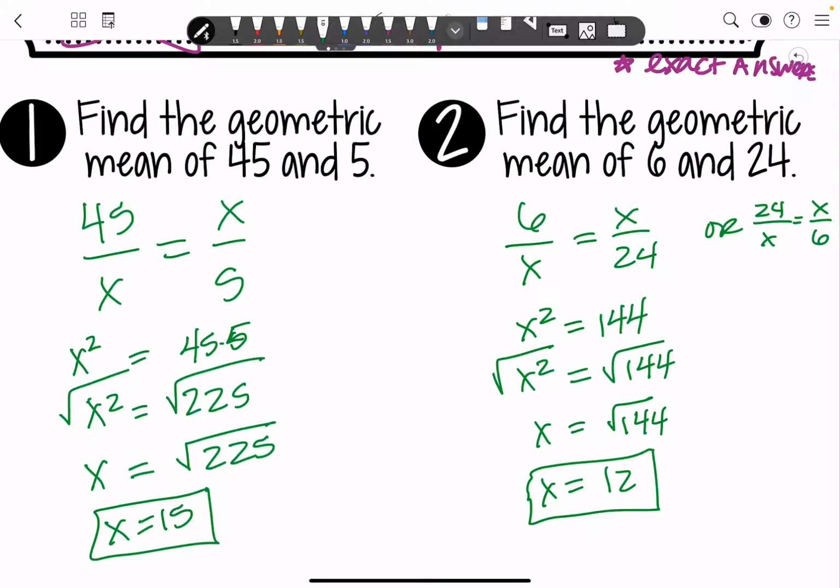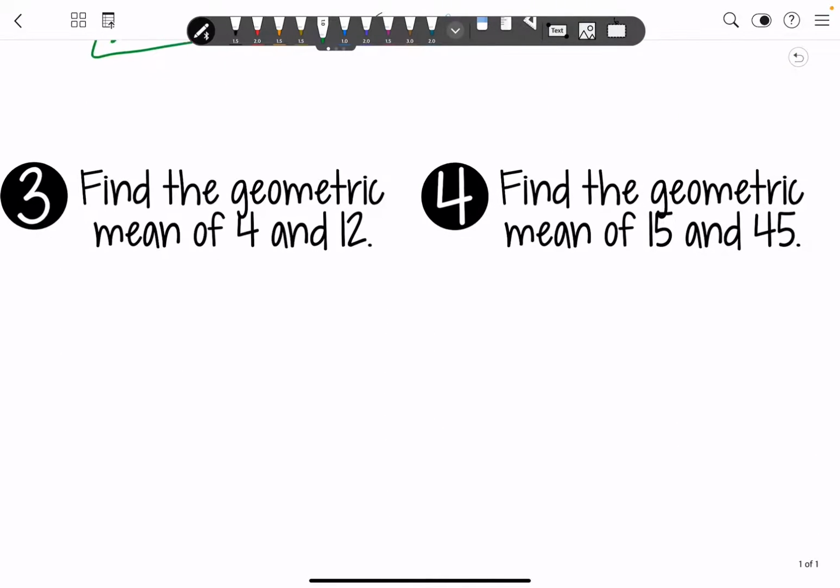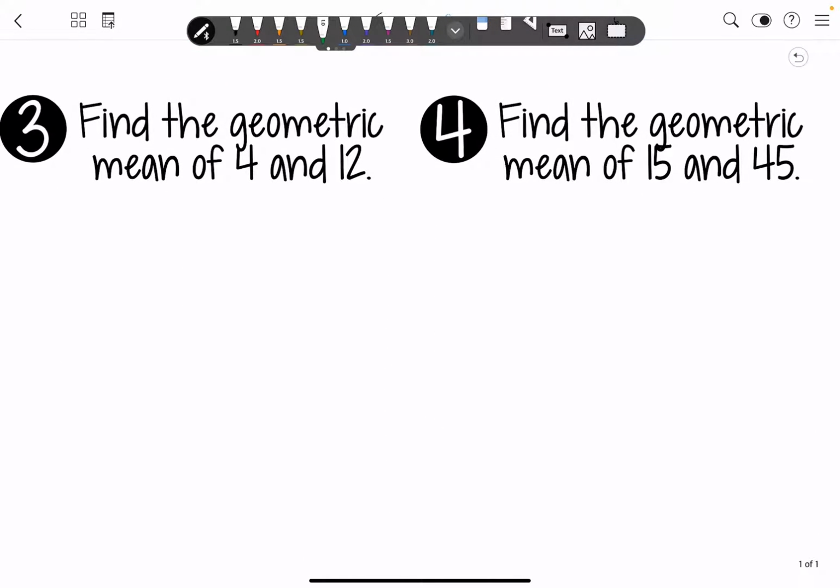It's really that easy. Now, what happens when you get numbers that aren't perfect squares? For example, what we're going to get from our cross products on number 3 and number 4. But don't worry, all you're going to do is simplify your radical. So same thing, 4 and 12, x on the diagonal.